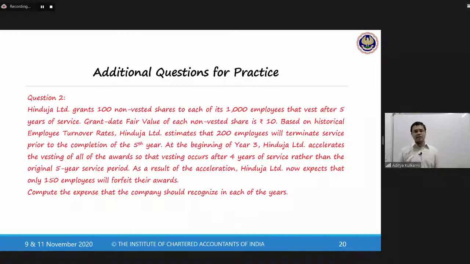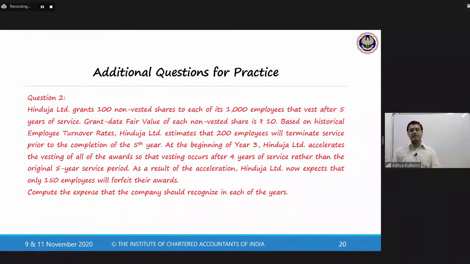Based on historical employee turnover rates, Hinduja Limited estimates that 200 employees will terminate the service prior to the completion of 5th year. So I thought that 200 will go. So number of employees in whom the options are expected to vest is 800, 1000 minus 200.